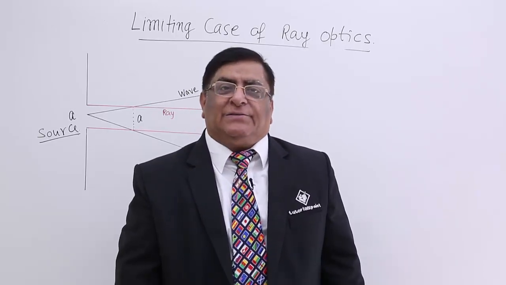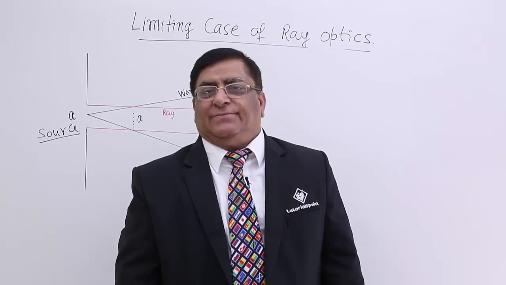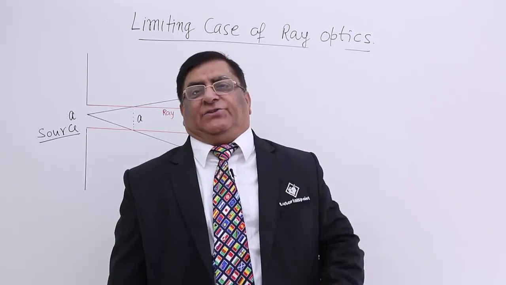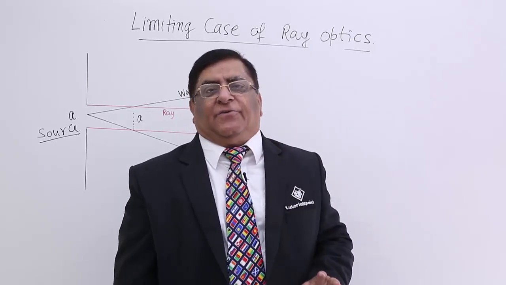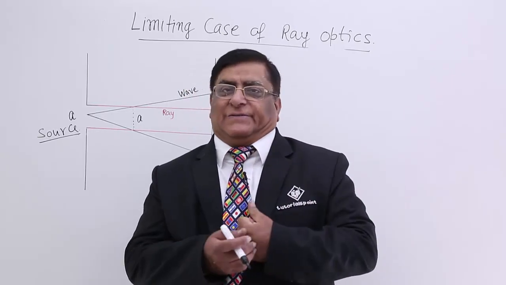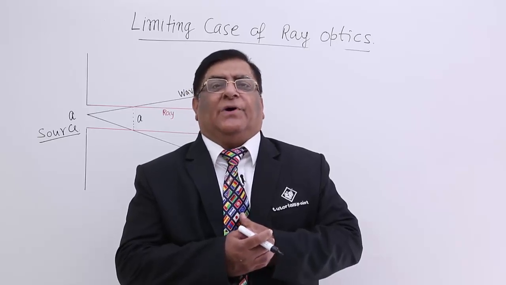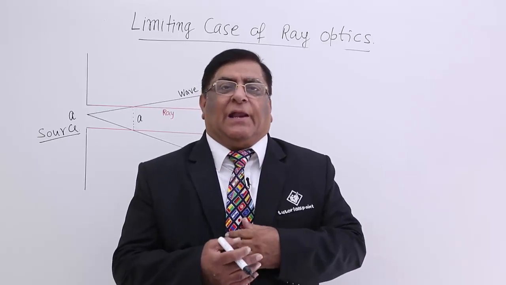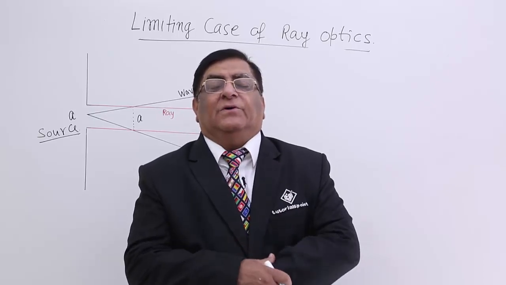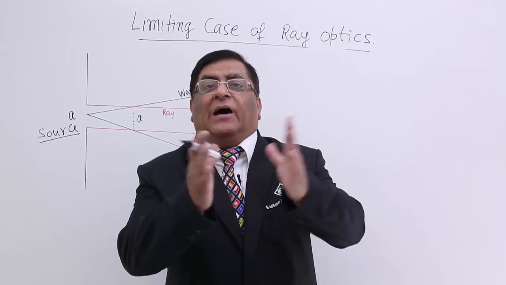In ray optics, we learn that the rays of light go straight from one point to the other point, and accordingly we form the image. And a lot of images we have formed in case of lenses, mirrors and other things. Now the question is, whenever we want to find out image, should we take help of ray optics or should we take the help of wave optics by making central maxima larger than the opening?